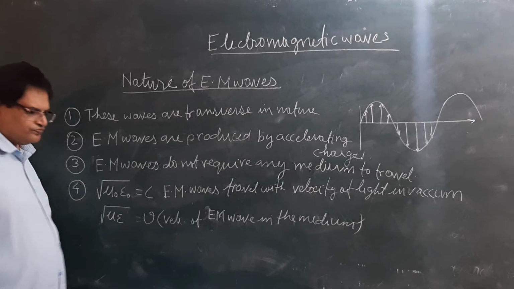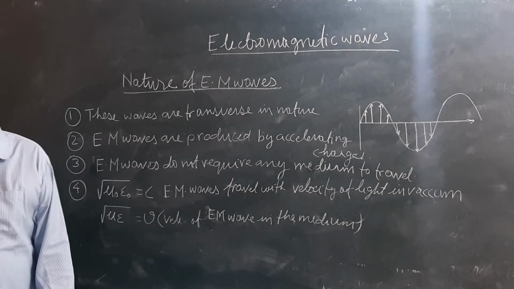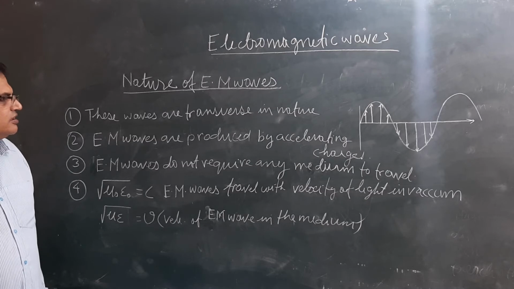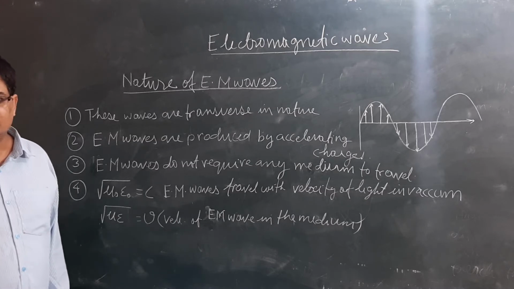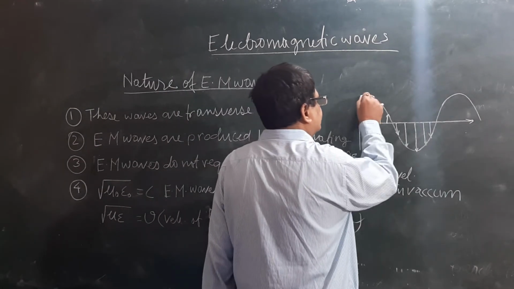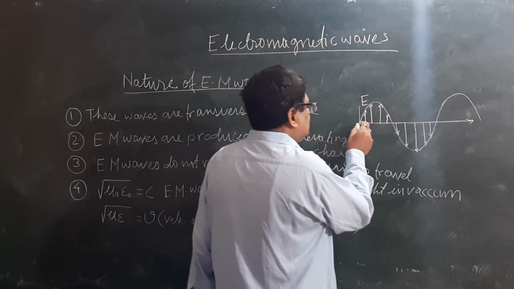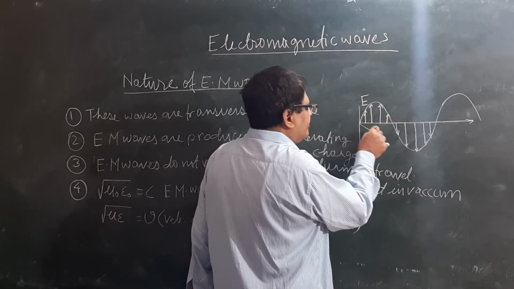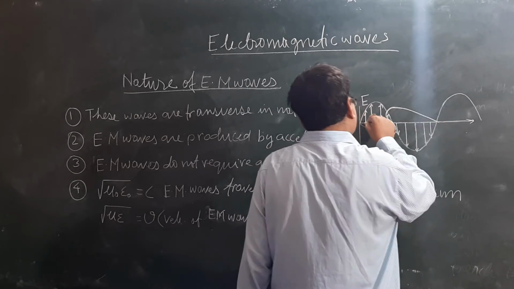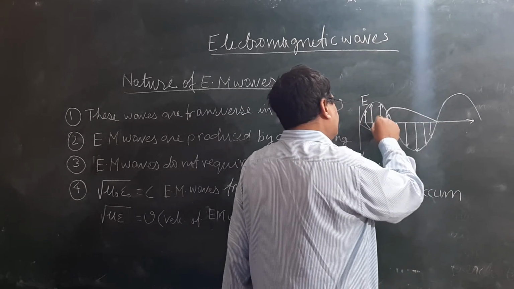Right. Now let us go on to the next property. Next property is that this variation of electric field and magnetic field takes place at the same time. Suppose this is the electric component. Then the magnetic component will be like this. They vary at the same time.